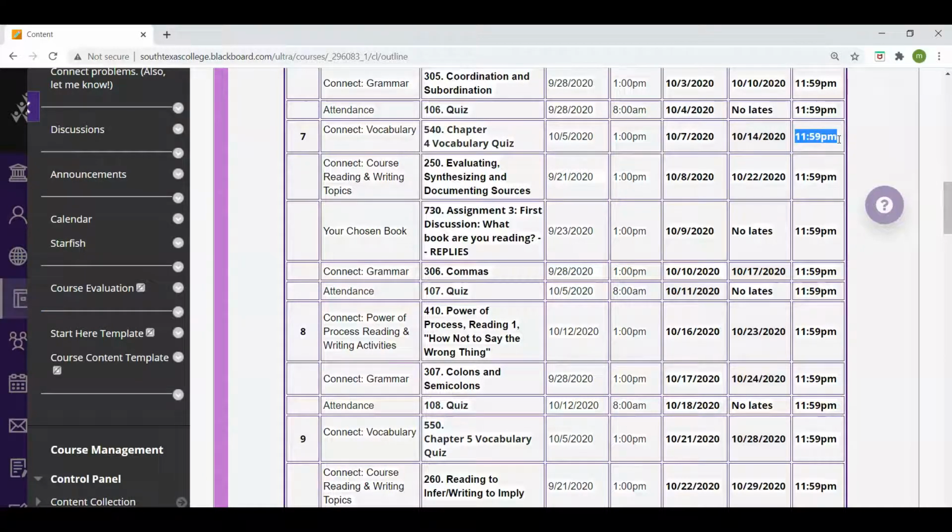And speaking of assignments, there are other assignments. We began the course reading and writing topics 2 weeks ago, on week 5, which was on the 21st. And notice it always tells you when the assignments became available. Vocabulary quizzes became available today.